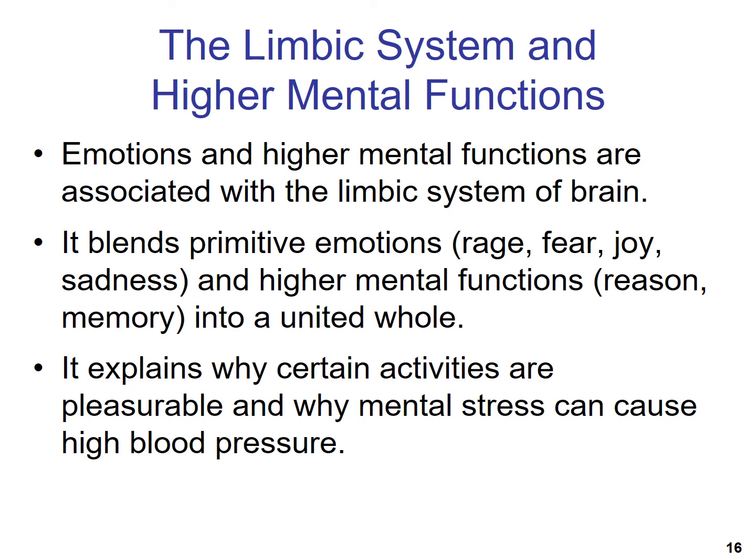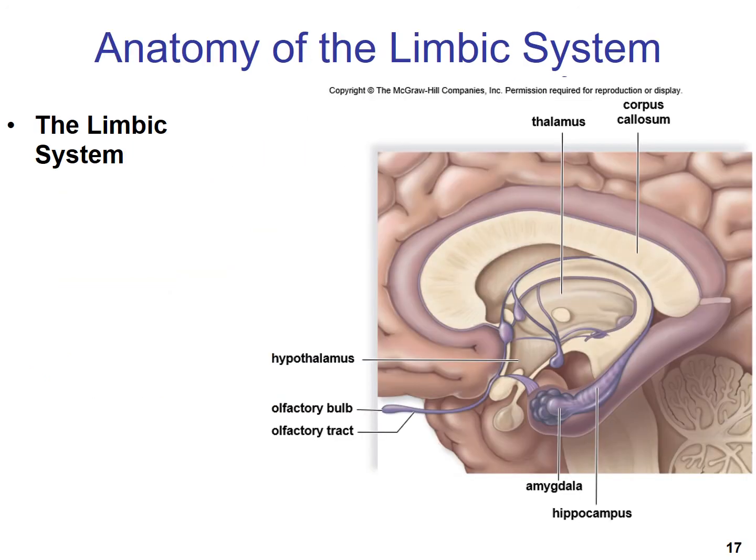If you are anticipating doing something and you're mad about it, then it's the limbic system that's going to blend this memory and reason along with emotions. So this is why some activities can be associated as being pleasurable or stressful, and this is also why mental stress can cause high blood pressure, because the mental stress is blended by the limbic system into part of your body's response to stress, and high blood pressure can be a result of that.